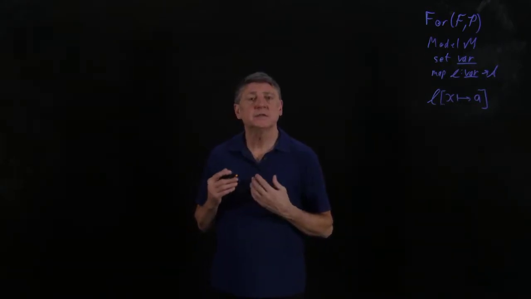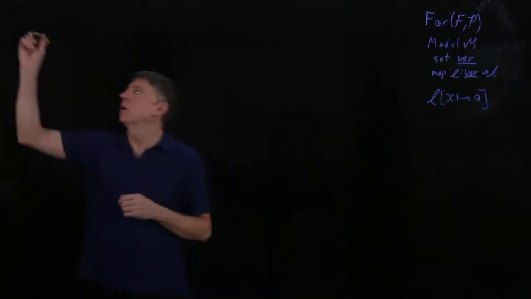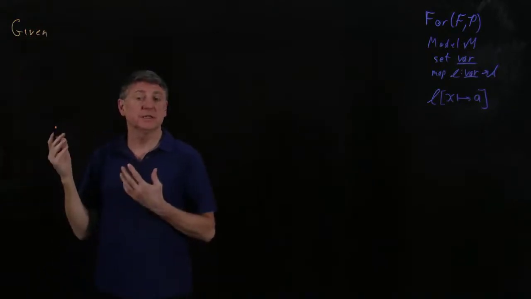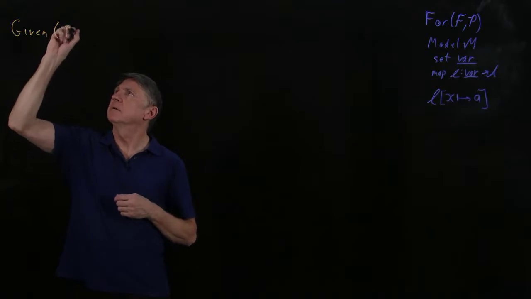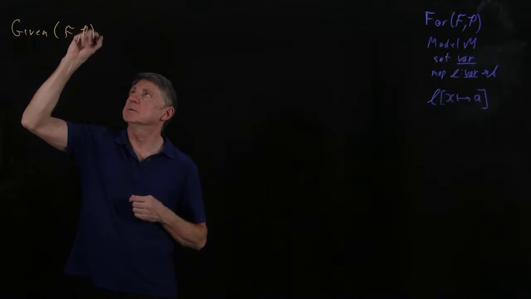Now, let's consider when a model satisfies a formula. Within our metalogic, we're given a set of function symbols and a set of predicate symbols.